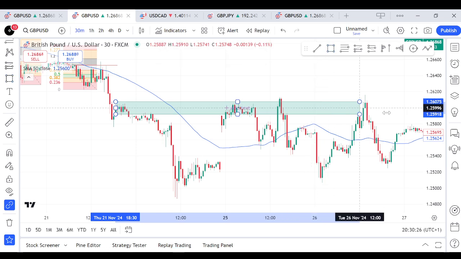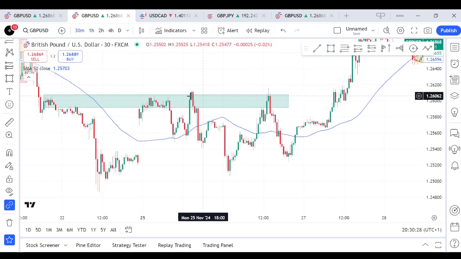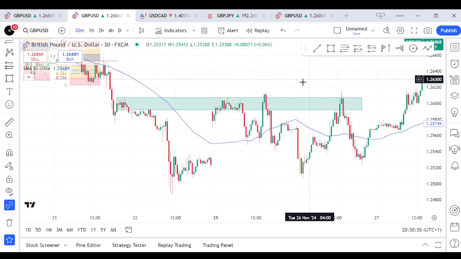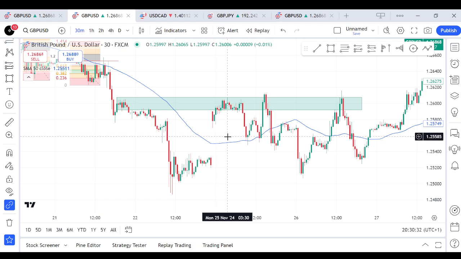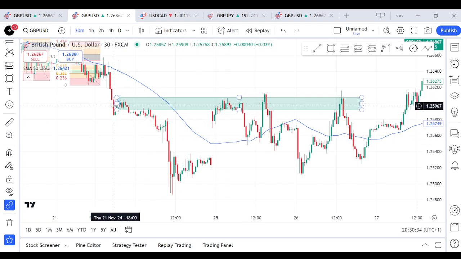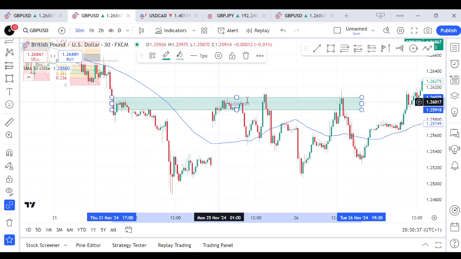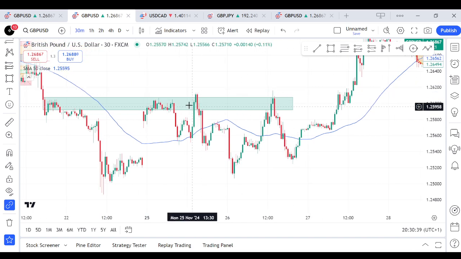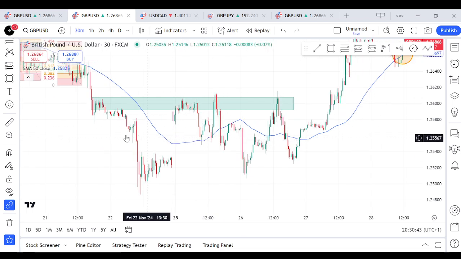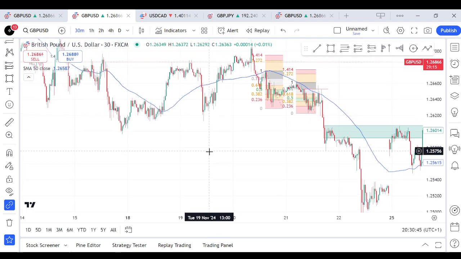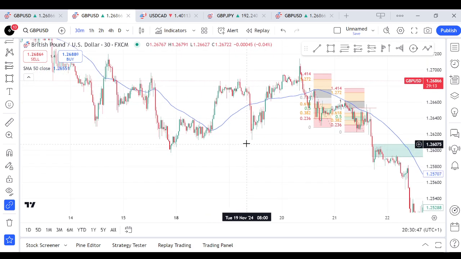It's expected that price should keep on respecting it. As you can see, even though the moving average was falling, this level is a well-known resistance level, and price kept on respecting it in this ranging market. So that is one way you can use multiple technical factors to trade the confluence strategy.